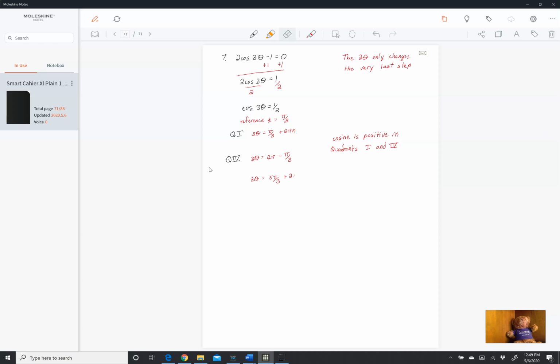And then same thing, plus 2 pi n. Now we're not quite done yet, okay? We solve for 3 theta, and then to find theta, we just divide everything by 3.